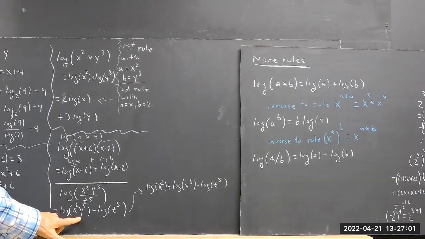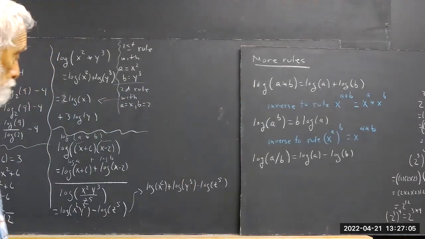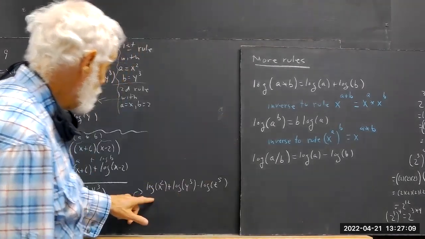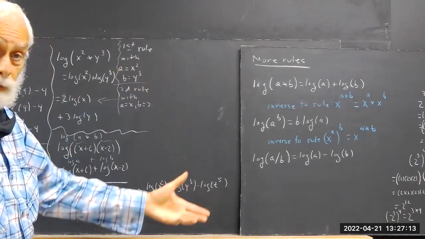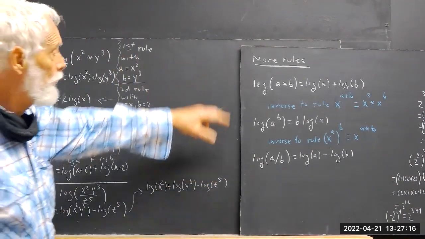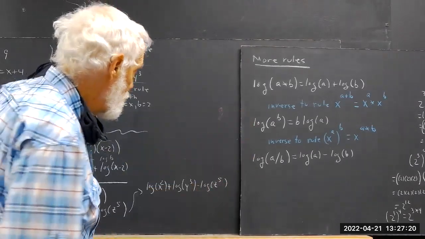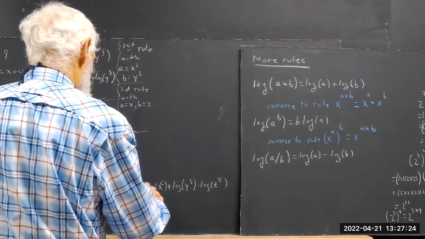That's a product, right? So we just apply the first rule. Okay, well, what else can we do? Well, we haven't applied the second rule, but clearly it applies, right? Now, usually we've got to do the first and the third rule before this rule is going to apply. Okay.